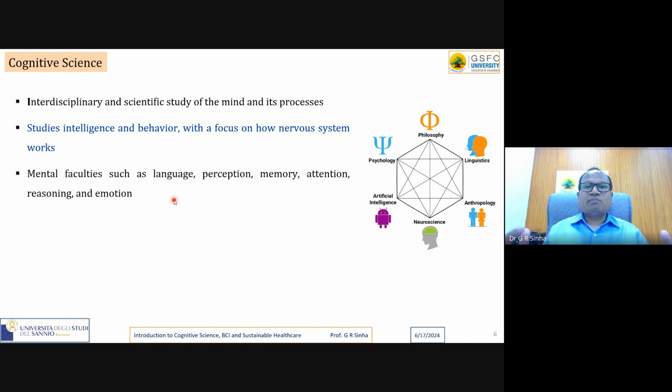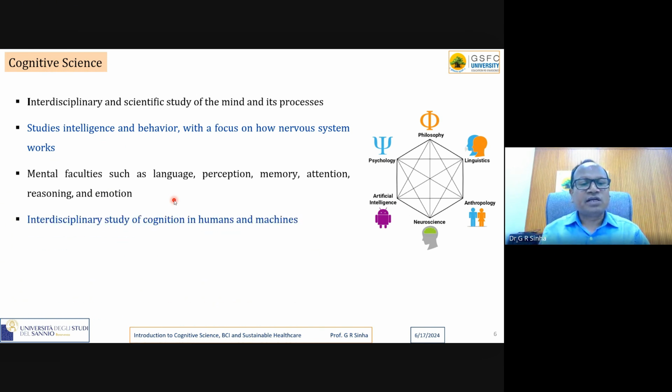So you may be wondering, oh my god, it's not a small area. It studies language, the ability to perceive, memory, the ability to pay attention, lower attention, higher attention, reasoning abilities, different types of cognitive abilities, and emotional attributes or properties.